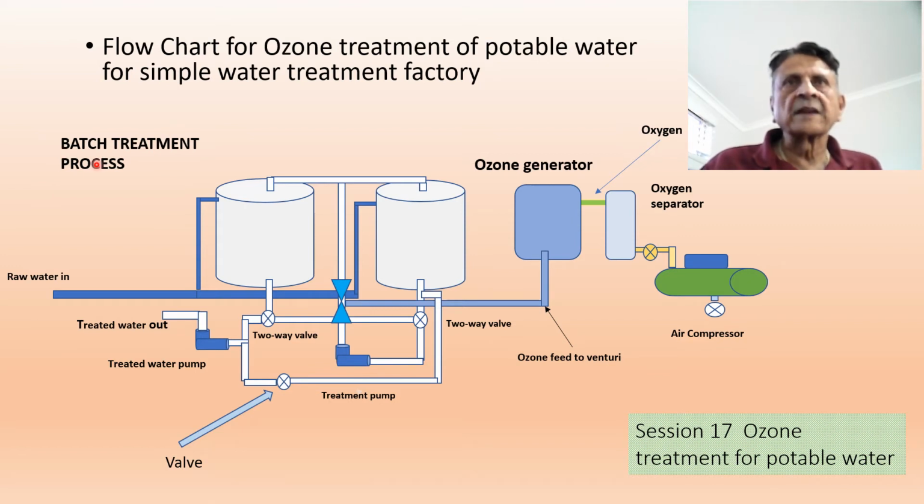As I explained in the previous slide, I started with one tank and recirculated to obtain treated water, and that water can be used and fresh water added, treated again. This way we are getting treated water in batches.